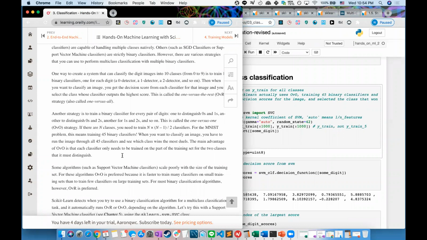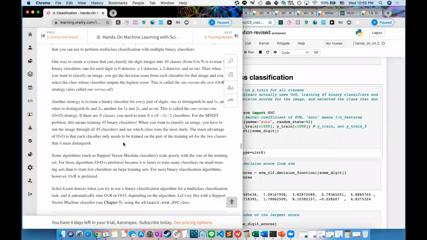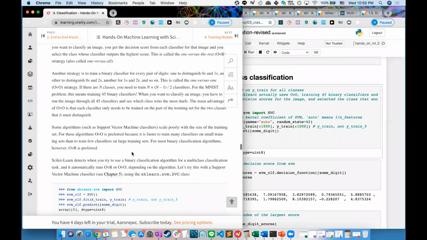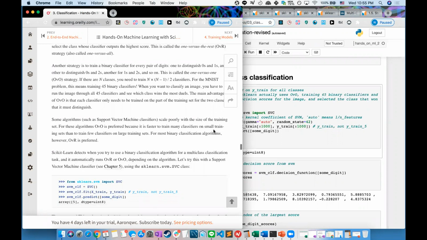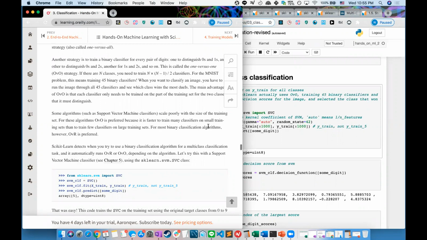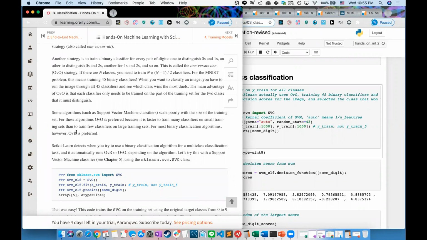The main advantage of OvO is that each classifier only needs to be trained on the part of the training set for the two classes that it must distinguish. Some algorithms, such as SVM classifiers, scale poorly with the size of the training set. For these algorithms, OvO is preferred because it's faster to train many classifiers on small training sets than to train few classifiers on large training sets.